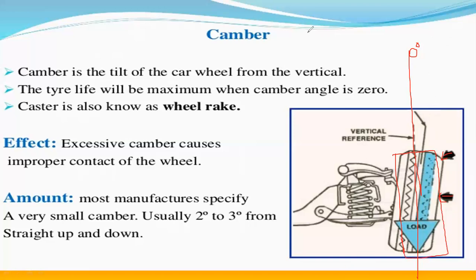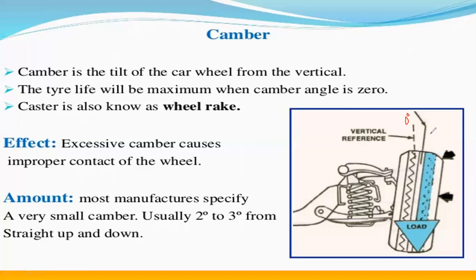That is the 0 degree angle. But why do we place a camber angle? Because of the tilting of the vehicle, the tilting of the car, we maintain the camber angle in the wheels.